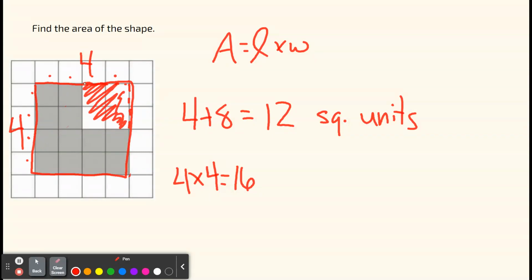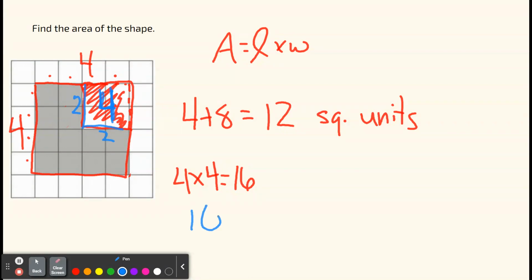So let's find the area of this square right over here. So the length of this square is 2 square units, and the length of this square is 2 square units. So if we do 2 times 2, that means the area of this part that's missing is 4. So I have 4 square units I need to take away.